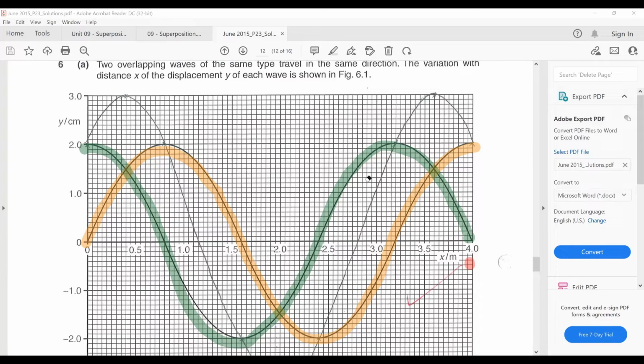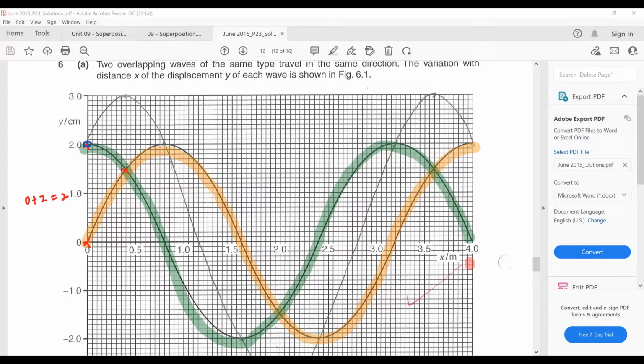So you need to find out the resultant wave here. An easy way is to look at some convenient points. I'll just mark out the convenient points for you. You see, this one is 0, and then this one is 2. So 0 plus 2 obviously will give you 2. So your new point is going to be here. All right. And then you look at this one.